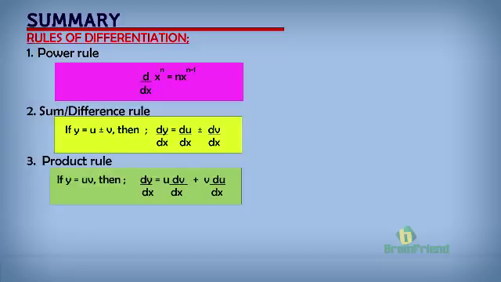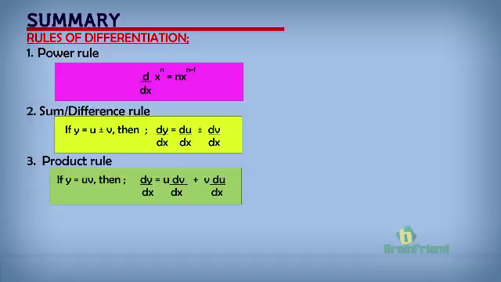We said if we have a number of functions added or subtracted one from another, we'll simply find the individual derivative of each function and add or subtract them as the need arises. So dy dx, which is the derivative of our function y with respect to x, is, if u is one of the functions and v is another function, du dx plus or minus dv dx.